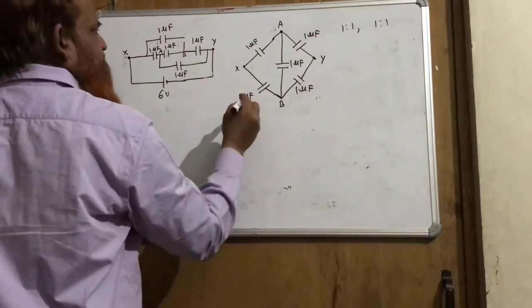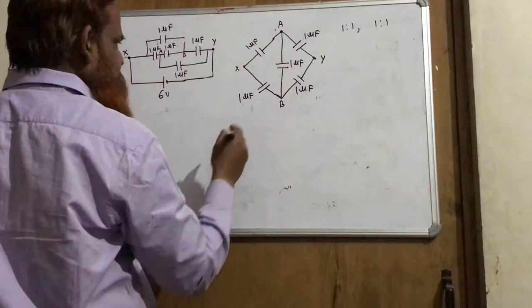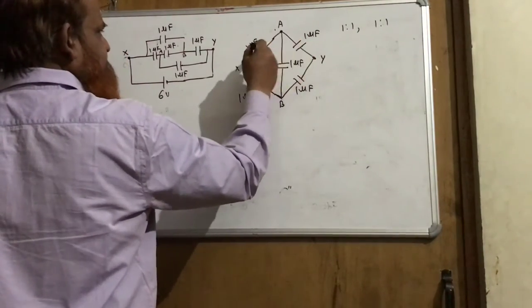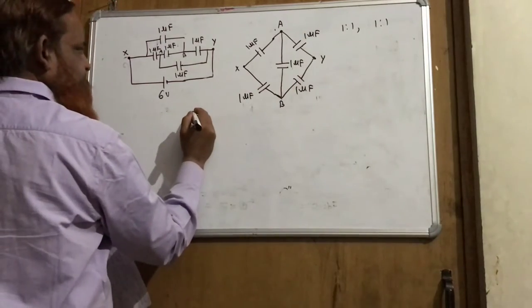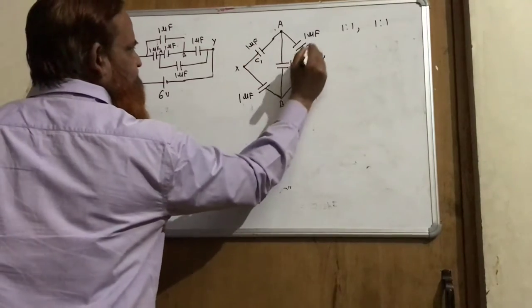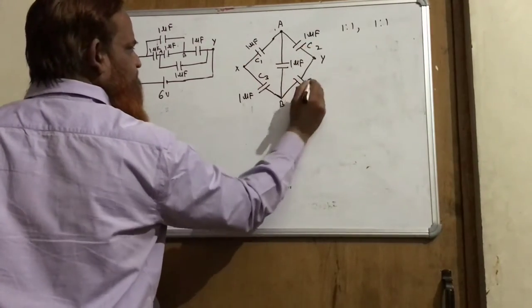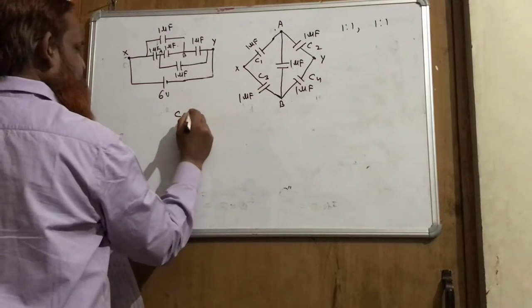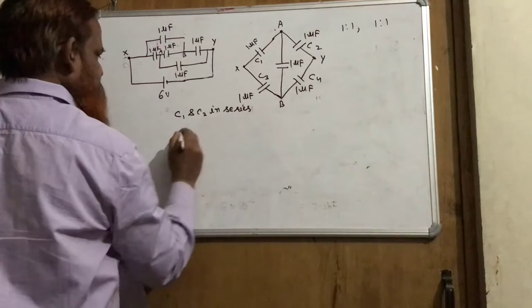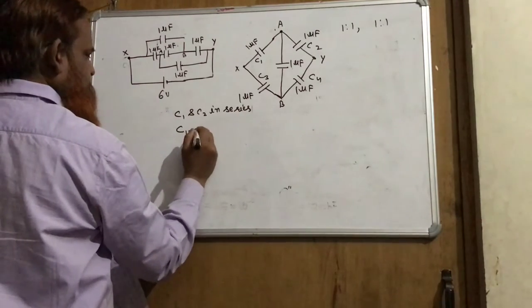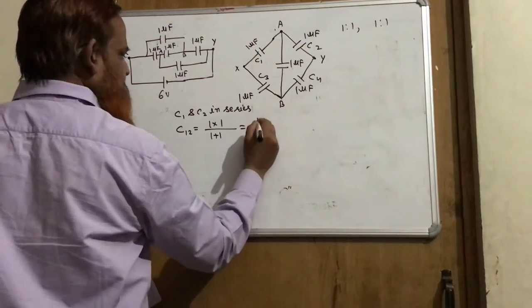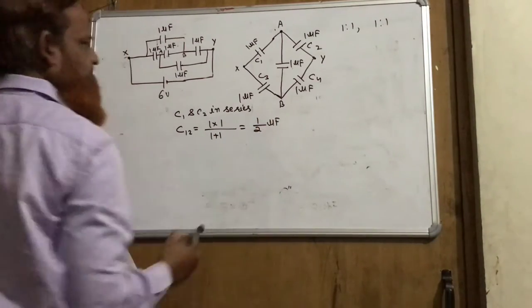So to find the equivalent capacitance, these two are in series. I can name them C1, C2, C3, C4. C1 and C2 are in series. Its equivalent C12 is equal to 1 into 1 upon 1 plus 1, which is 1 upon 2 microfarad.